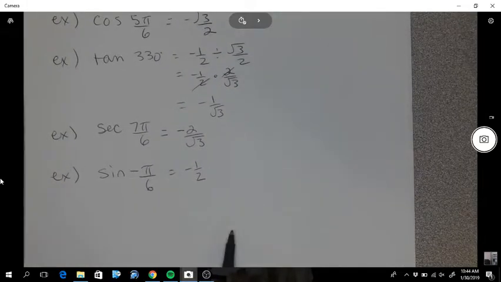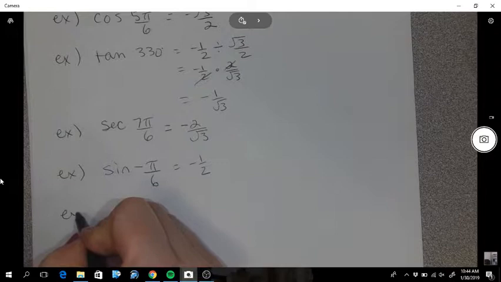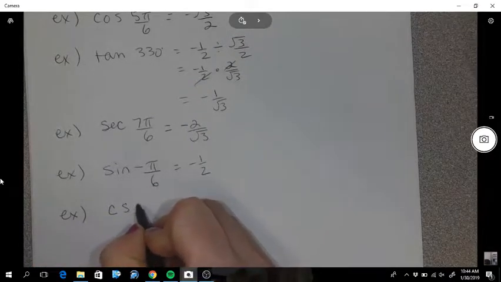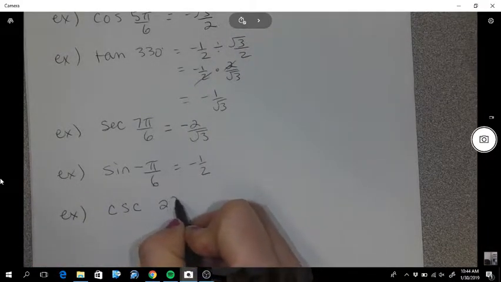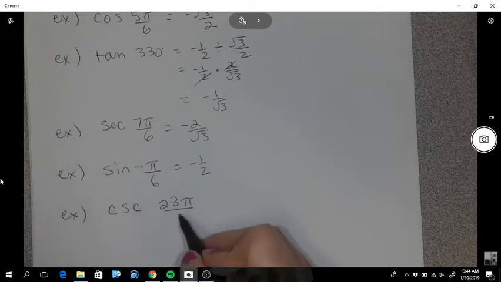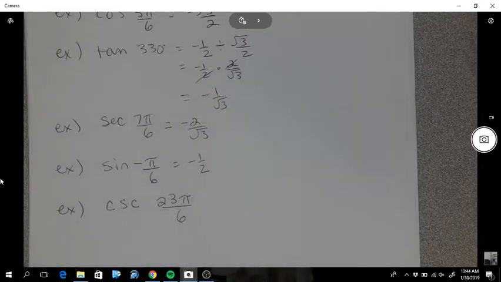Okay, now what if I go like this? Cosecant of 23 pi over 6. Okay, so now I'm obviously going more than a whole circle.